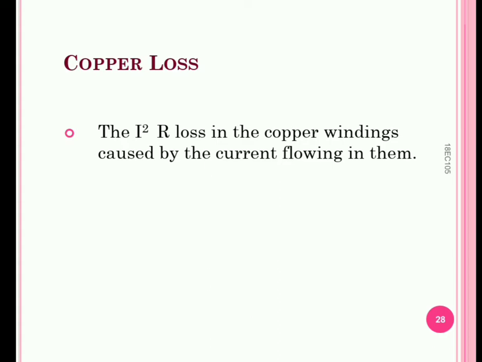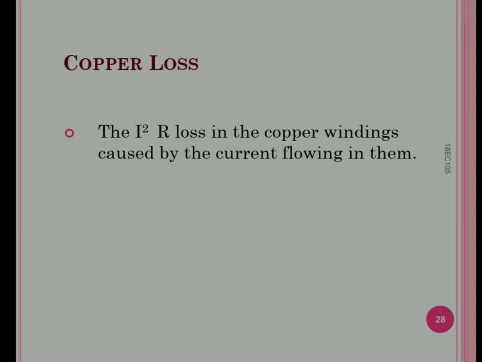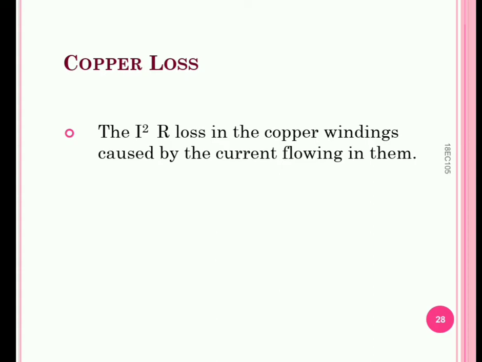Though we try to see that the resistance of the wire is minimum, still there is some finite resistance exhibited by the winding. So when the current is flowing through it, there will be I squared R losses.